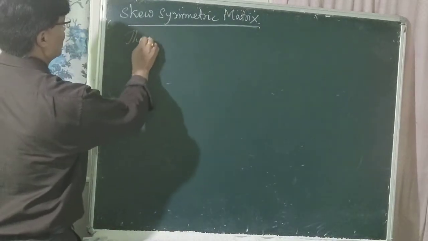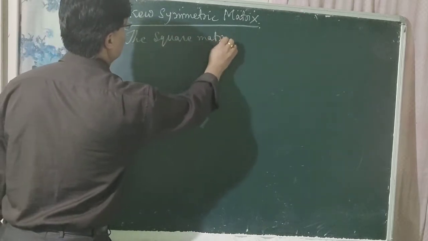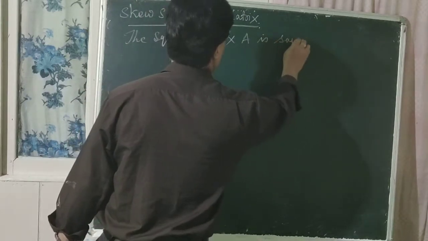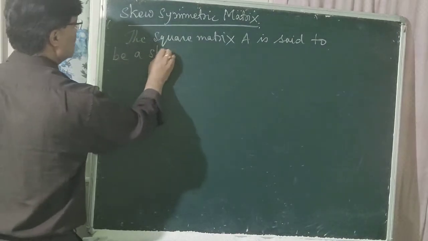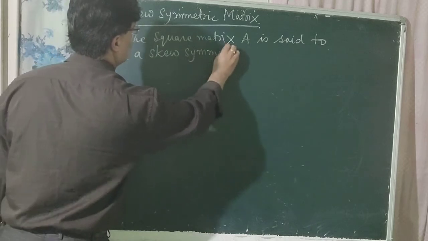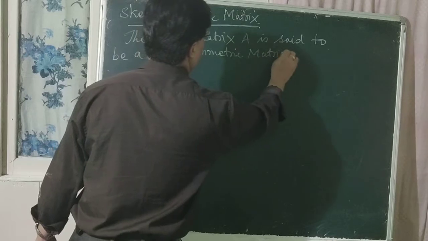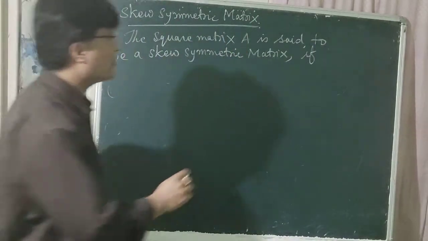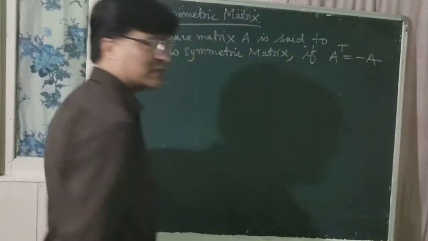The square matrix capital A is said to be a skew symmetric matrix, if A transpose is equal to minus A, right?